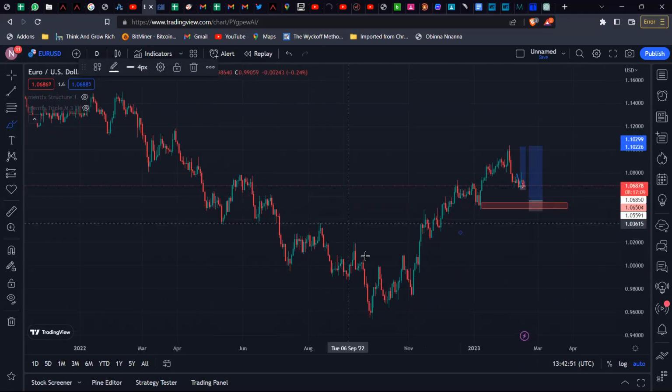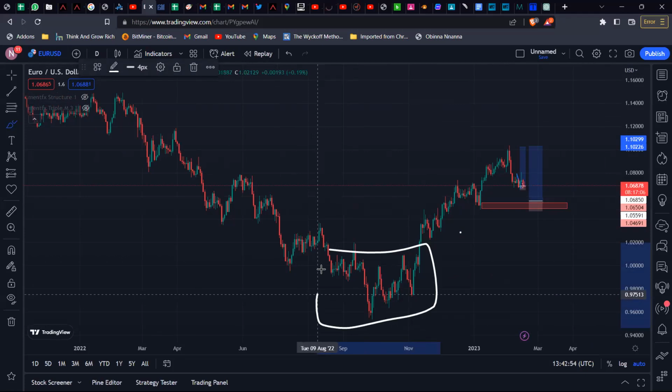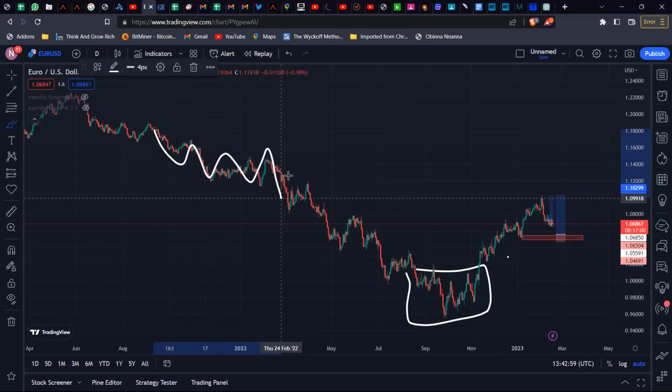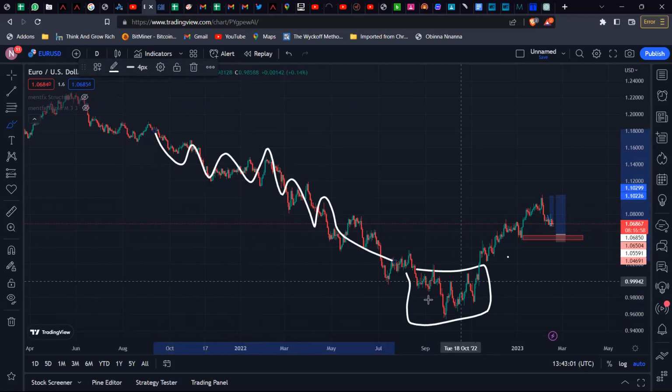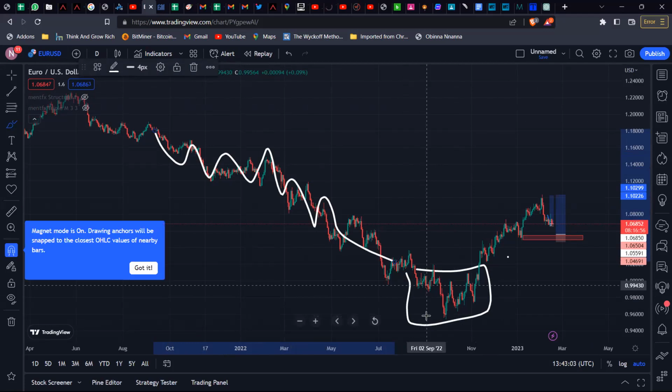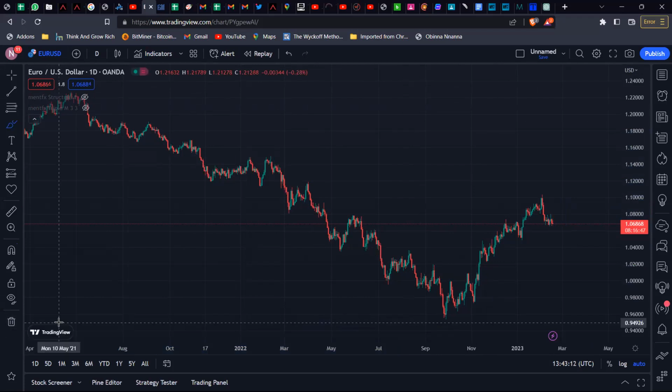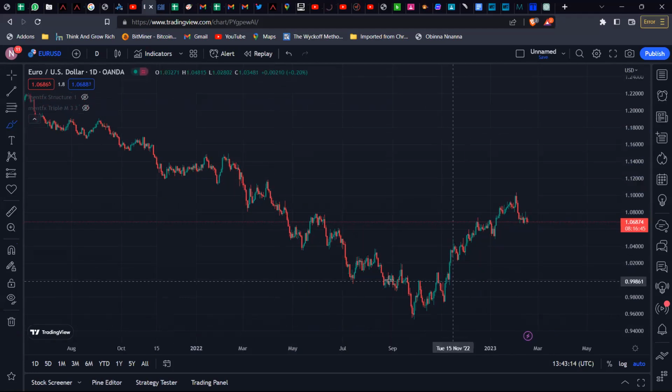Now, even this area here is actually an accumulation, right? At least in hindsight. You could see how price has been bearish, bearish, bearish up until this point. And what did we see next? Right, so price has been bearish down into this region. And then what did price begin to do?